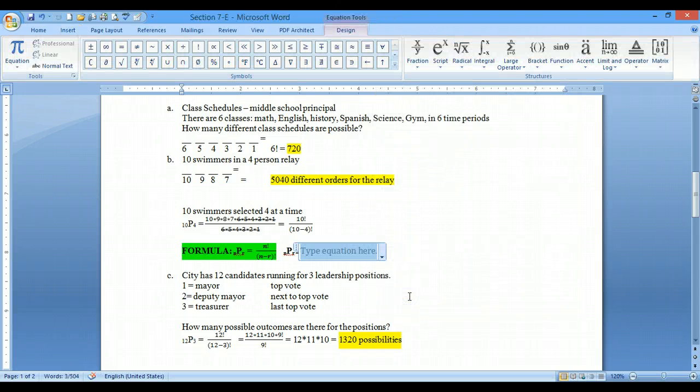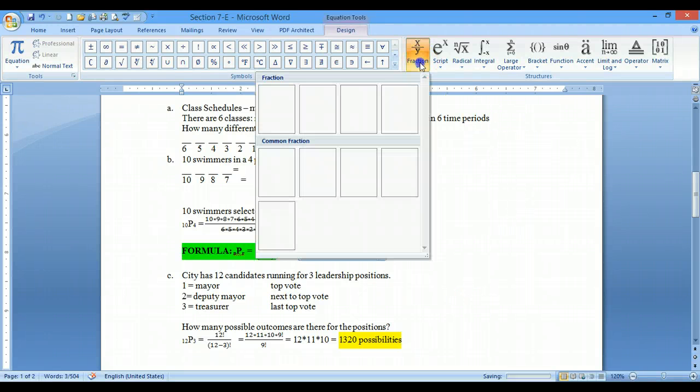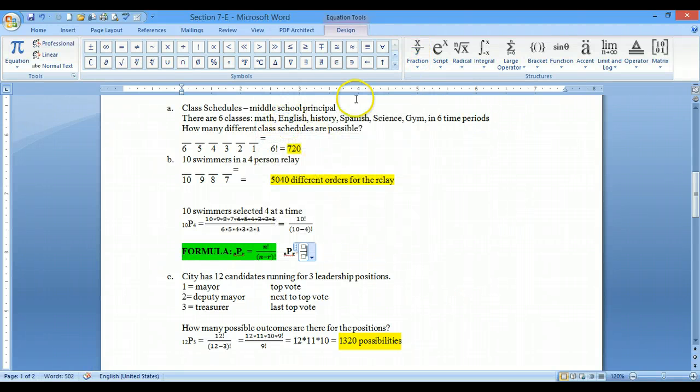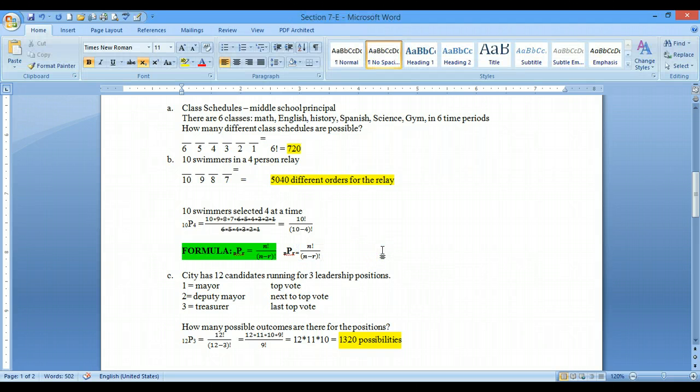Insert new equation, and here we would write a fraction. I like the line fraction, and we have n, and just do shift 1 over parenthesis n minus r, close parenthesis, shift 1, there we go. So that's how you would type it into your own notes.